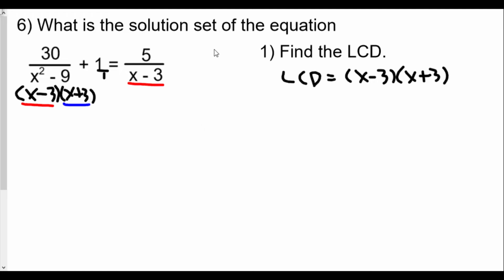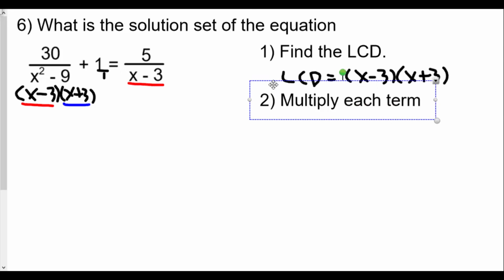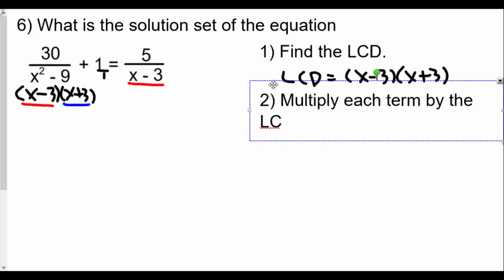Now, our second step is going to be, okay, here we go, multiply each term by the LCD.